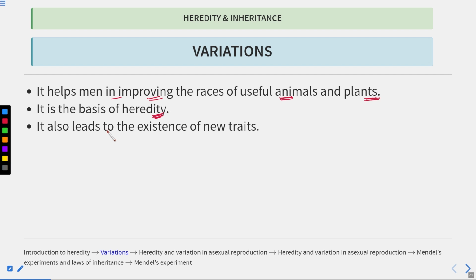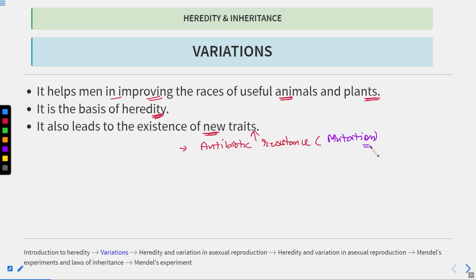Now next, it also leads to the existence of new traits. Because of variations, new traits arise, like the example I've already told you of the antibiotic resistant bacteria. This antibiotic resistance was a new trait that arose due to mutation.